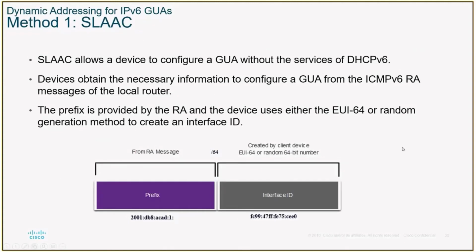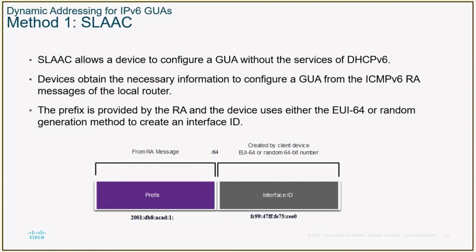So SLAAC allows the device to configure its global unicast address without the services of DHCP. They get the necessary information from their router advertisement. The prefix is provided by the router advertisement. The device uses either EUI64 or some random number generation method to create its own interface ID.